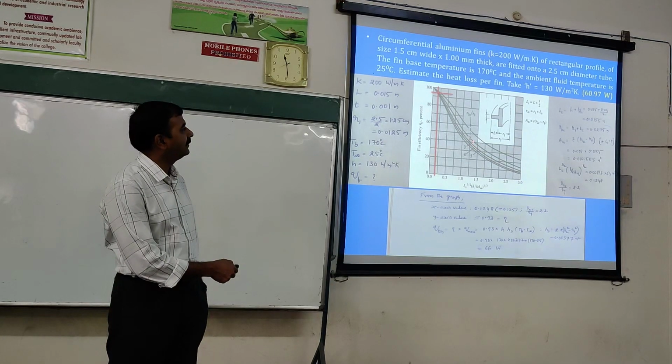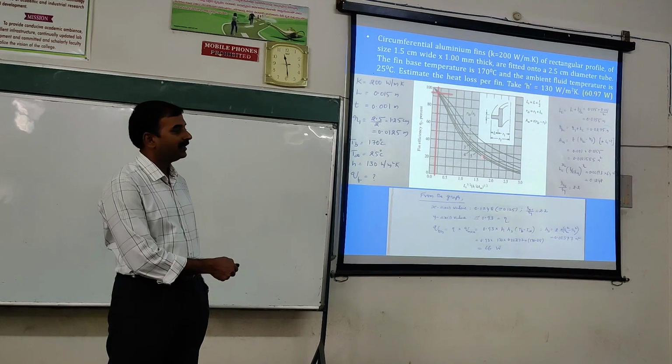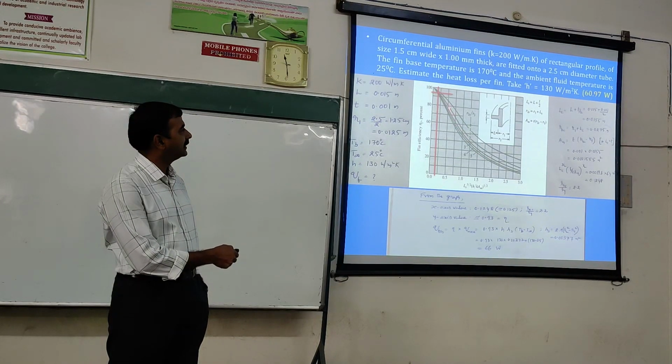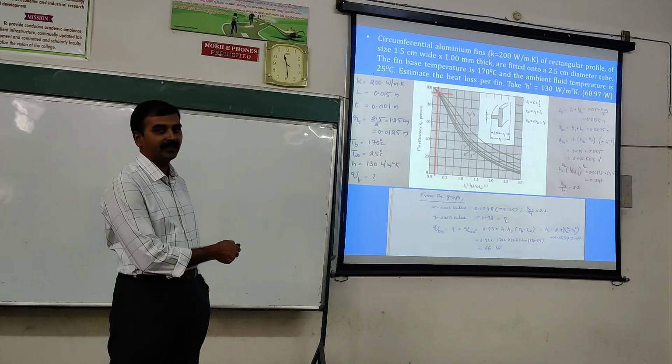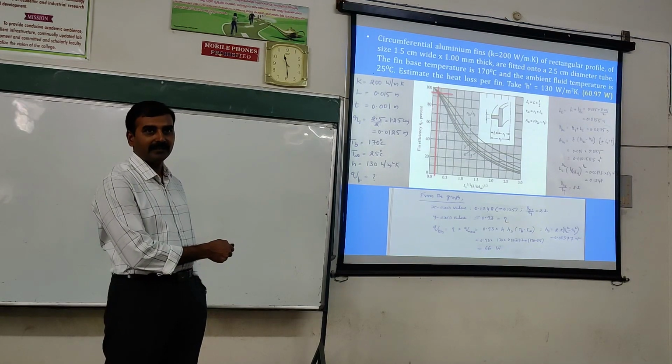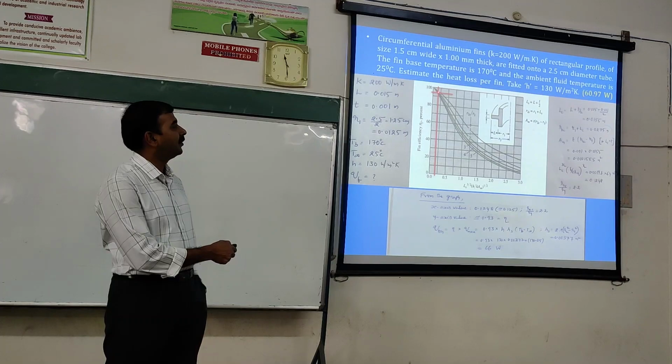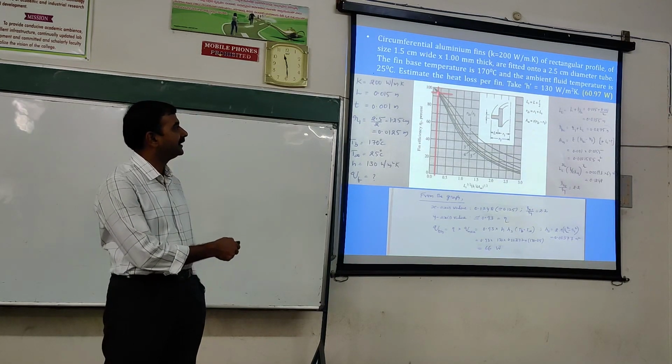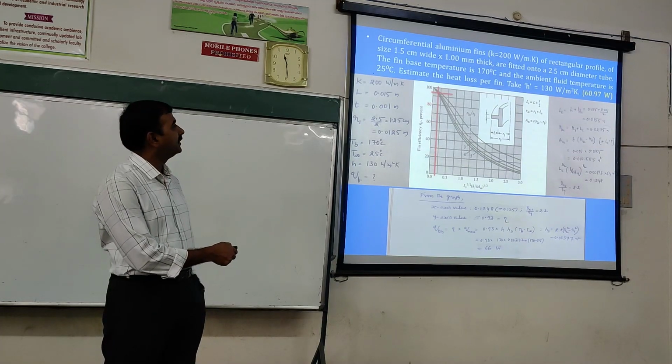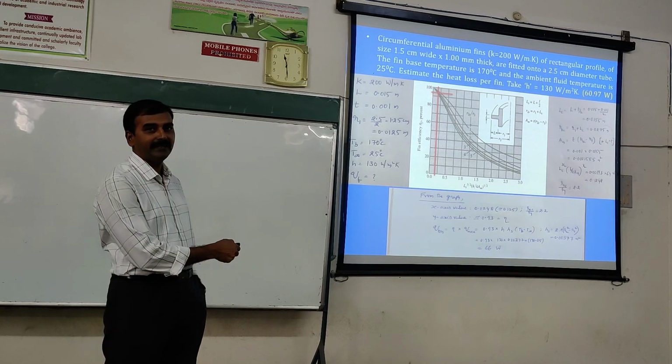So that being the case, there is an imaginary curve here which should go like this, and it is hitting this point. This is the intersection point. Now this point is to be projected onto the efficiency axis. This is 80, this is 100 and this is 90.